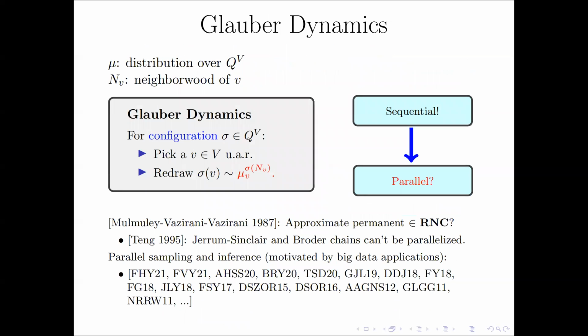The above Glauber dynamics is a sequential process. It raises the problem of whether we can convert it into a parallel process. That is, can we execute some steps of the Glauber dynamics chain simultaneously on different processors?